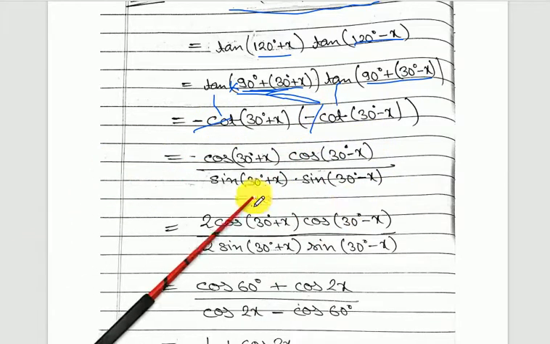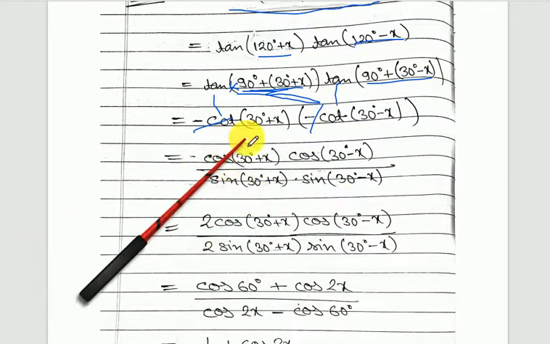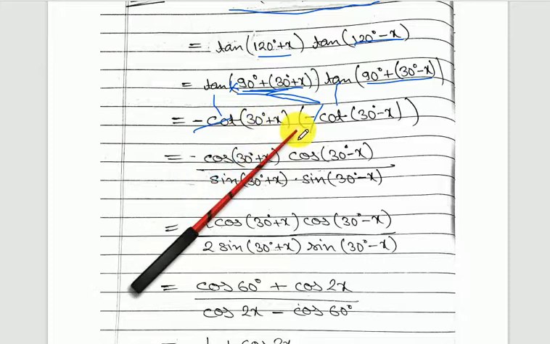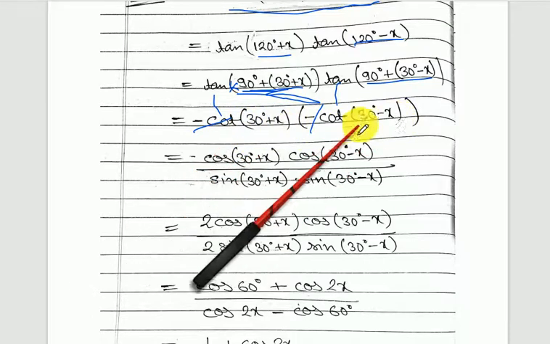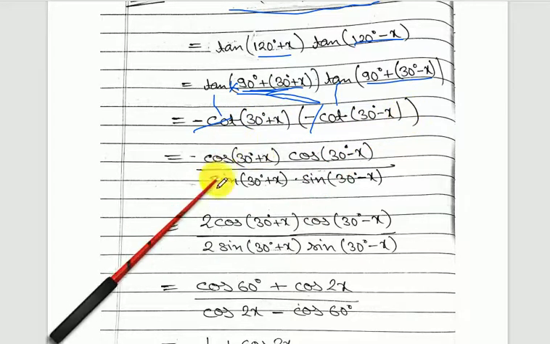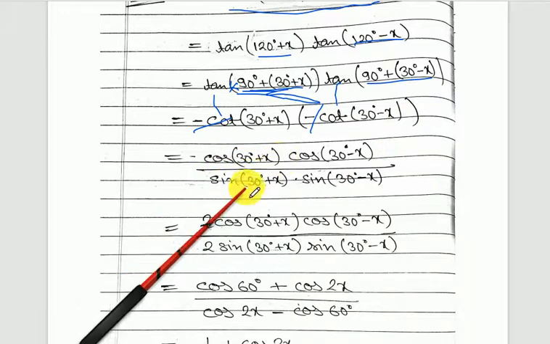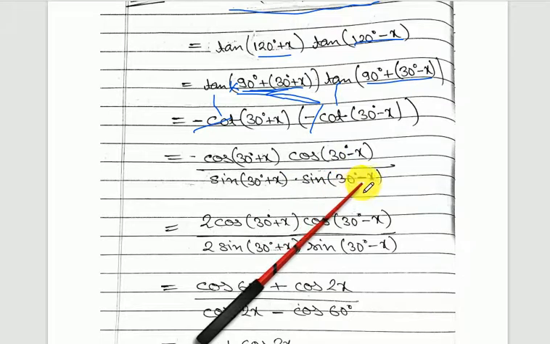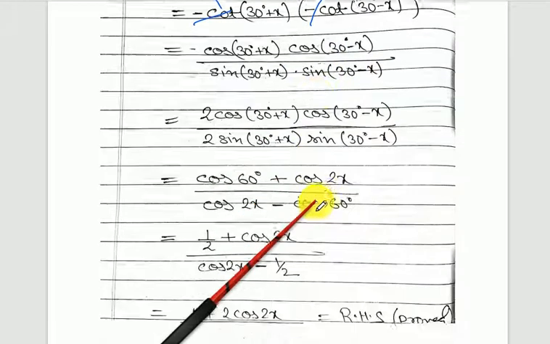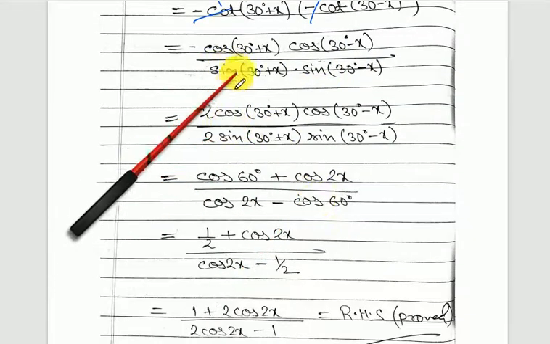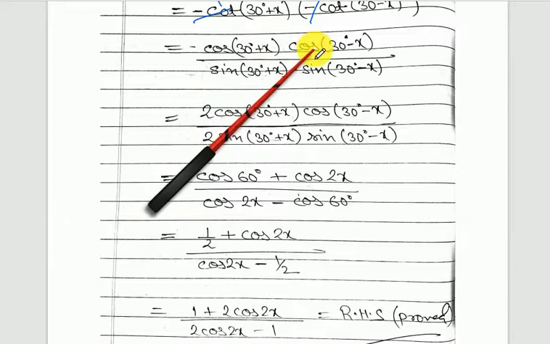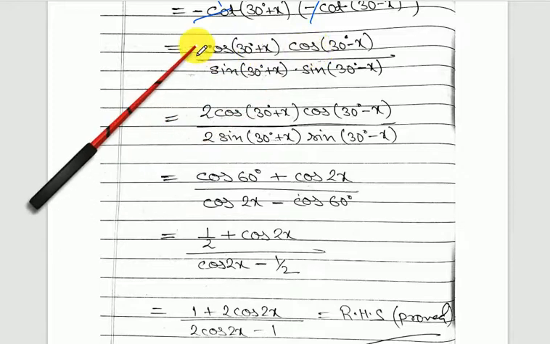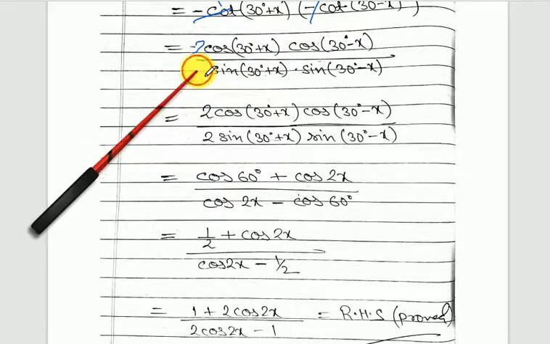Now this cot(30 + x) and here cot(30 − x) can be written as cos(30 + x) upon sin(30 + x) into cos(30 − x) upon sin(30 − x). Clear? Now we have cos here, and here also we have cos. So what we can do is multiply and divide by 2.